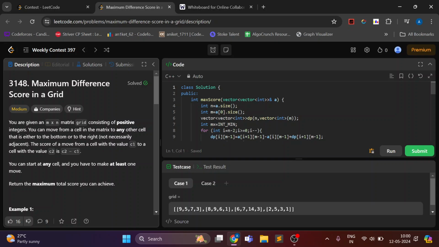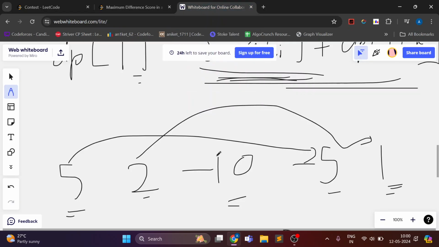Now you have to find, we can start from any cell and we have to make at least one move, and we have to return the maximum total score we can achieve. It is written that it is not necessarily adjacent.